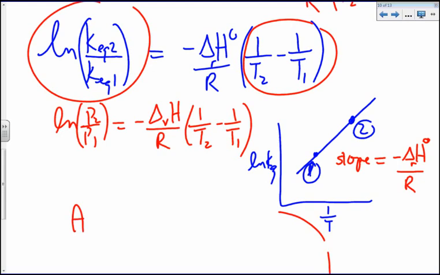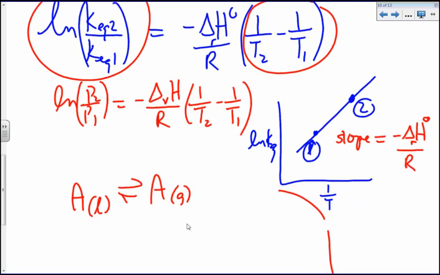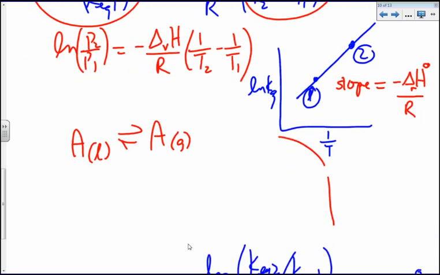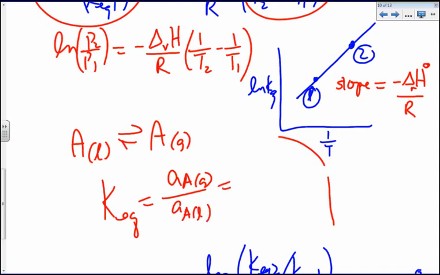Let's say you have a solid or a liquid A in equilibrium with gas, right? What's the equilibrium constant for that? If you think of that as a chemical reaction, then KEQ is just the activity of A in the gas over the activity of A in the liquid. The activity of A in the gas is just the partial pressure of A in the gas over P naught, and the activity of liquid A is just 1.